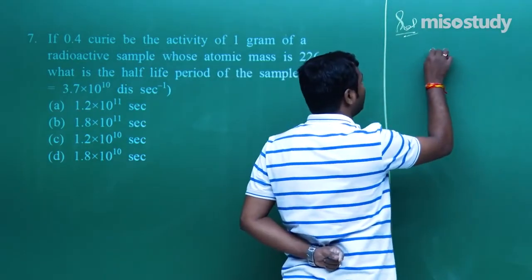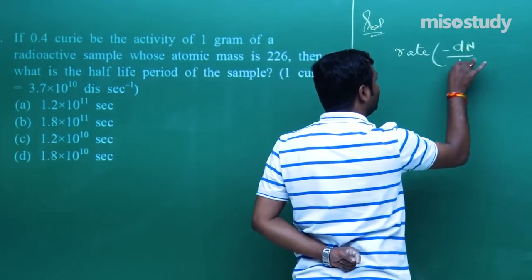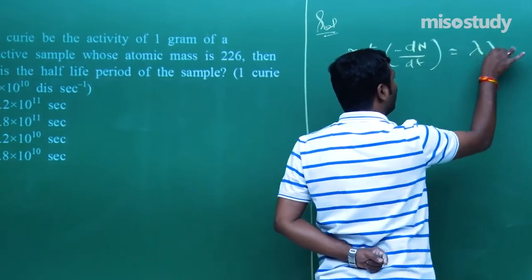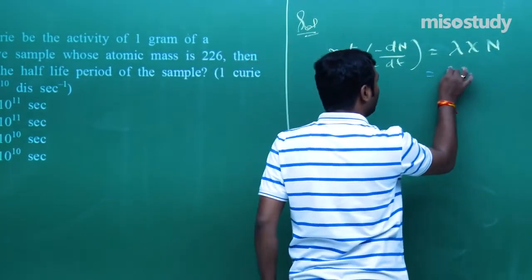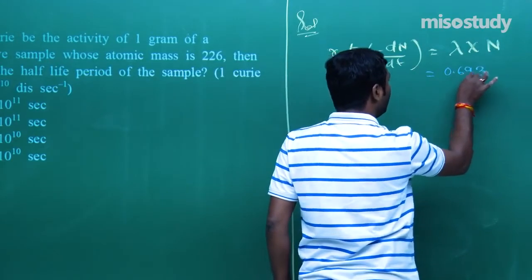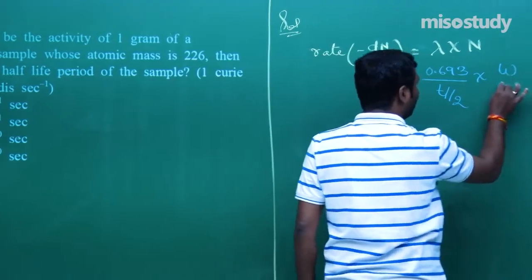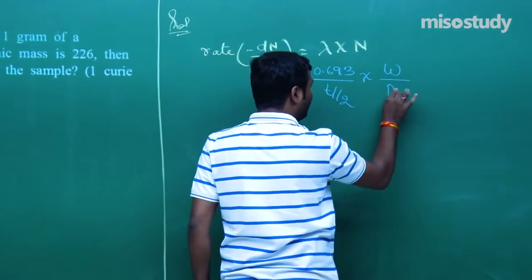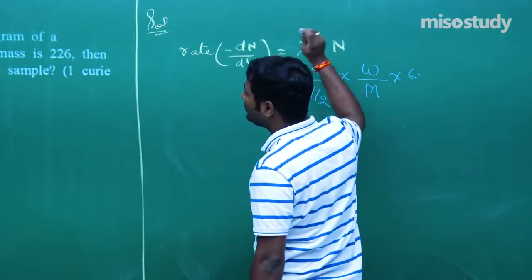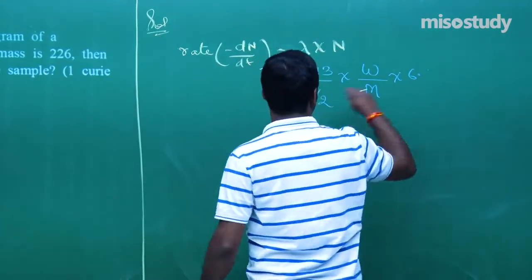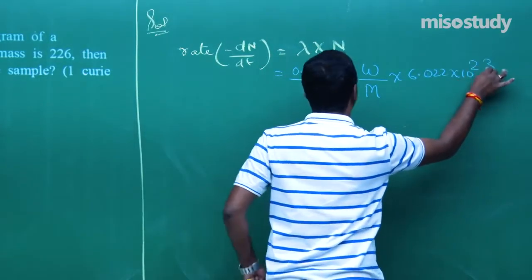So minus dN upon dt is equal to lambda into N. We know lambda is equal to 0.693 upon T half, and N is equal to given mass upon atomic mass multiplied by Avogadro number, which is 6.022 into 10 to the power 23.